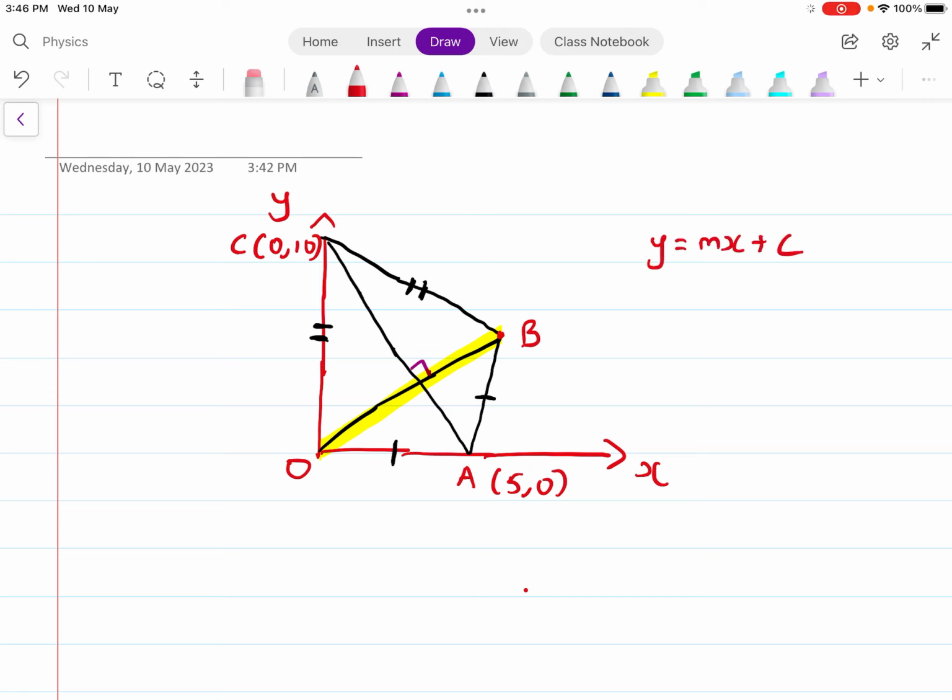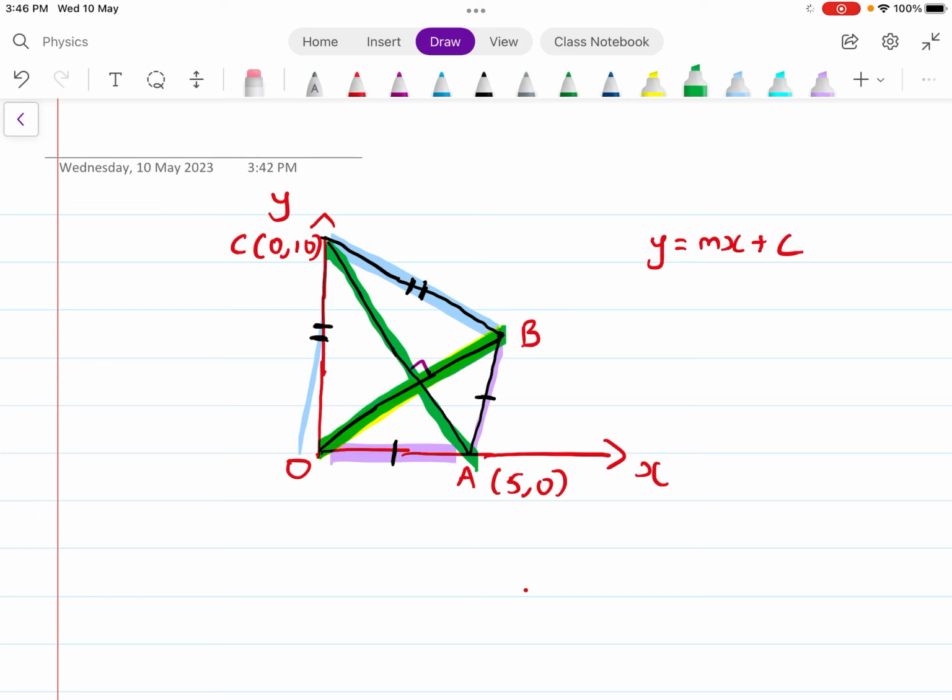First things first, let's determine some of the properties of a kite. First of all, it's given to us that this length and this length are the same. Next, this length and this length are the same. There are a few more. We know that AC is perpendicular to OB.